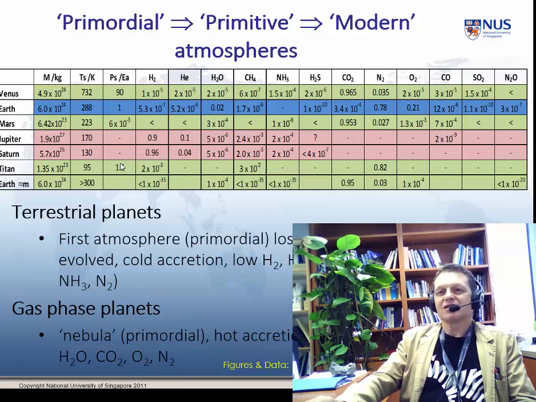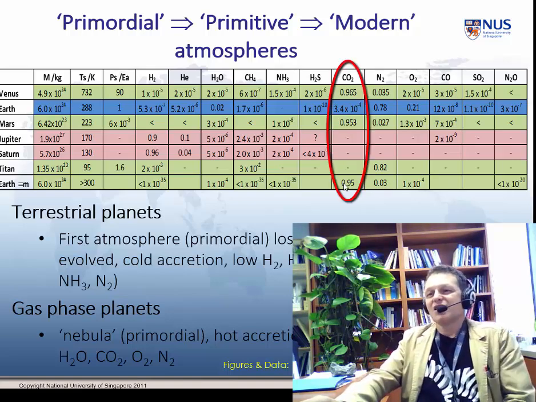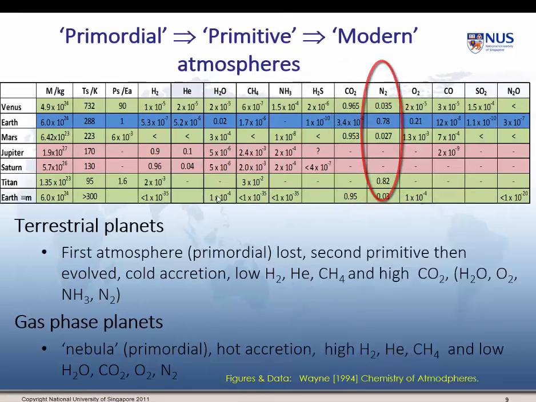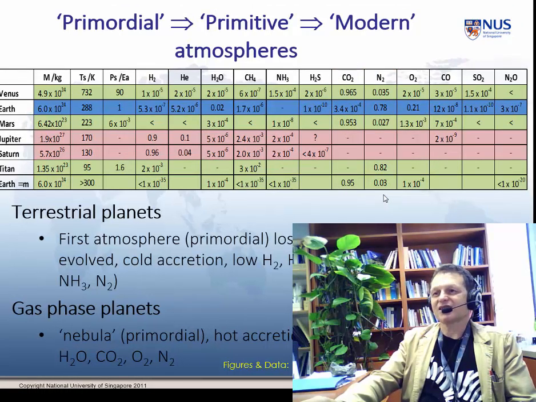The green atmospheres, you can see much less hydrogen, tiny amounts of hydrogen. You've got maybe a bit more water. You do have, however, lots of carbon dioxide, lots of nitrogen, mostly. Or at least on Titan you've got lots of nitrogen.